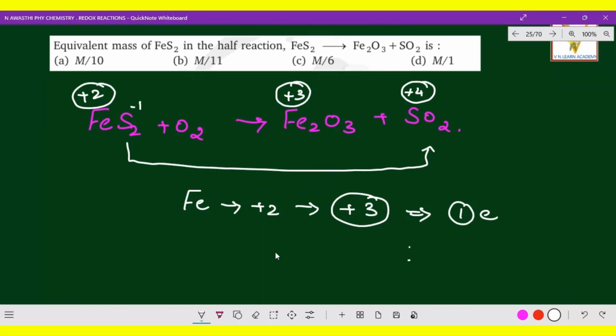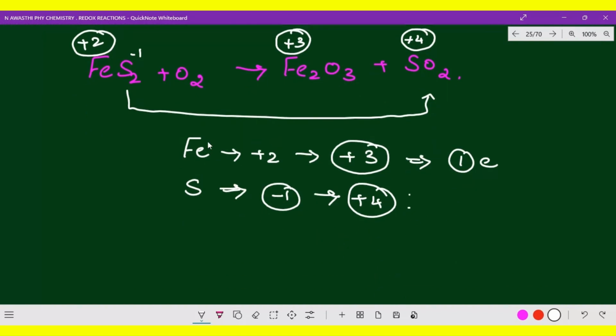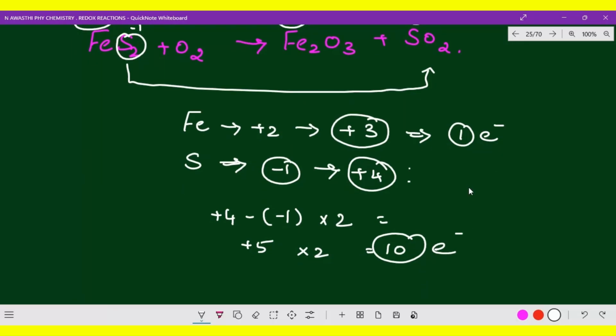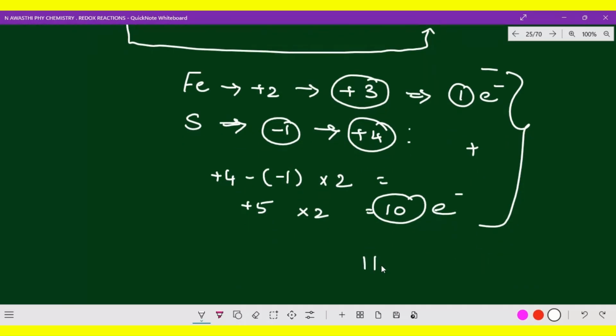Whereas sulfur goes from minus 1 to plus 4 oxidation state, so that is plus 4 minus minus 1, which is 5 electrons. Multiplying by 2 because 2 atoms are available, plus 5 into 2 gives 10. So 10 electrons change in sulfur, plus iron 1, so altogether 11 electrons change.